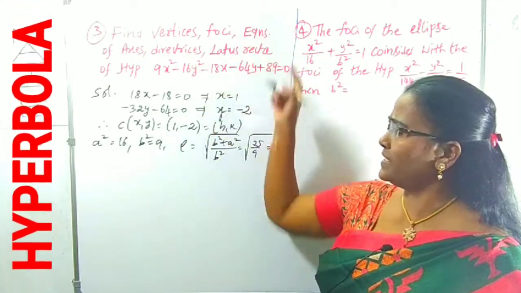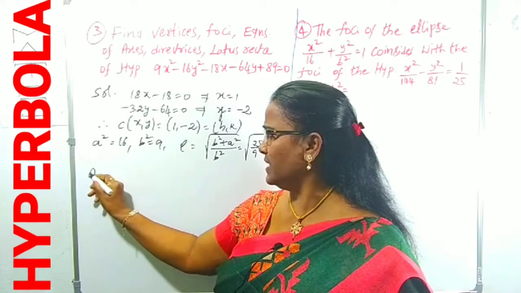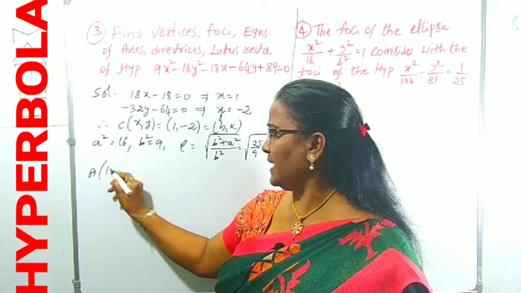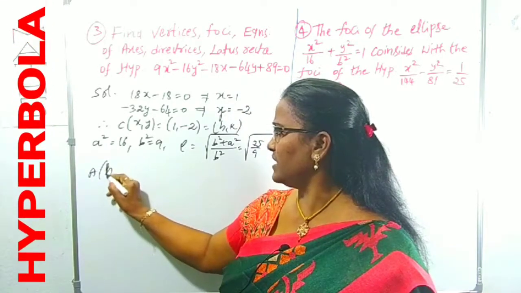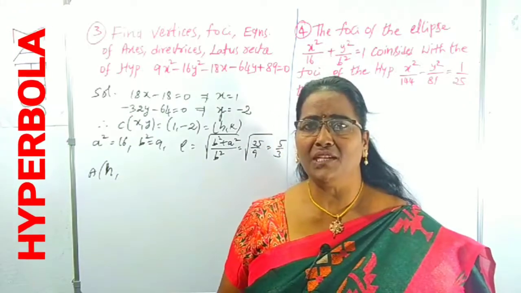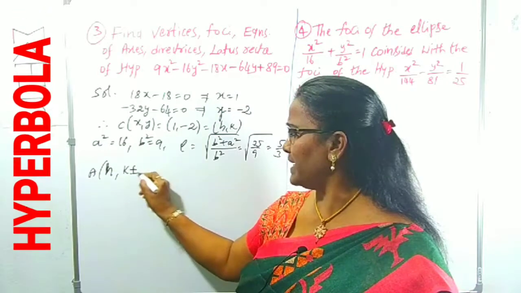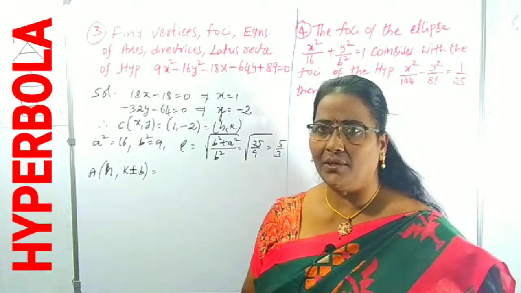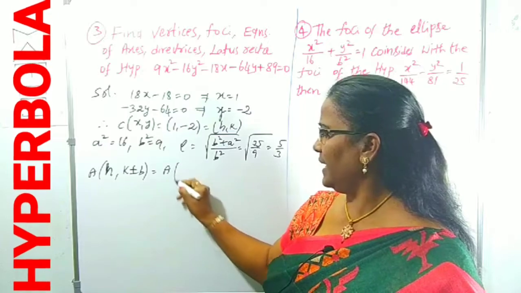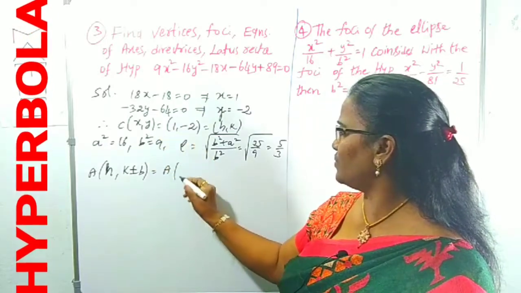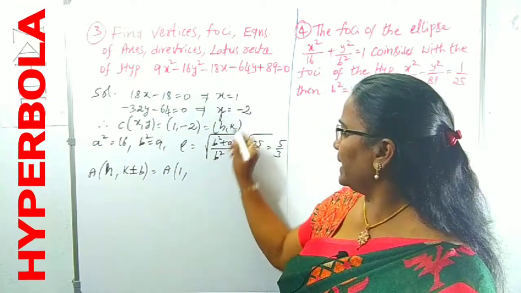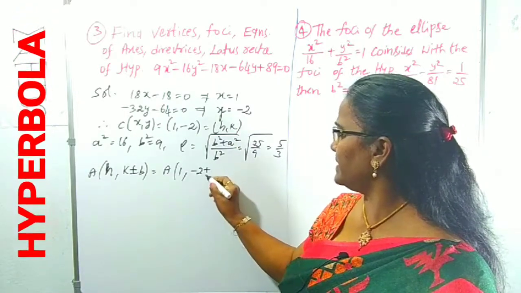Now what is it asking? Vertices. You know the vertices for this one. It is a conjugate hyperbola whose center is at h, k, so the vertices are h comma k plus or minus b. H is 1, comma, k is minus 2, plus or minus b.